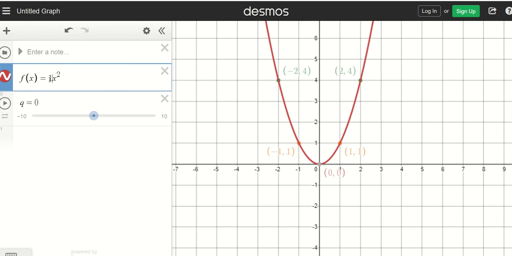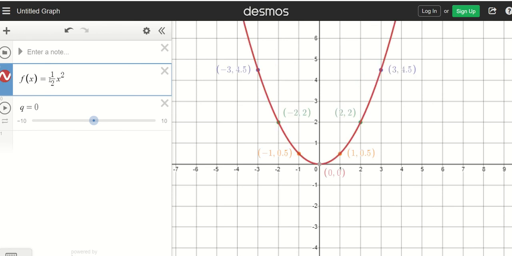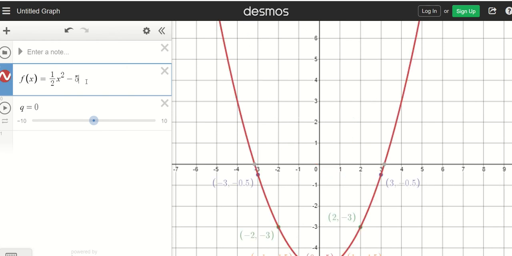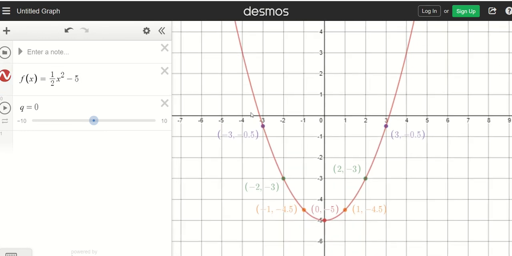I'm going to put a 1 over 2 in front. So it now is made half as tall as before. Instead of 1 over, 1 up, it's half the way up all the time. So it's been vertically stretched by a scale factor of half. And then if I go minus 5, the whole picture gets dropped down 5. That whole picture just went down 5 units.